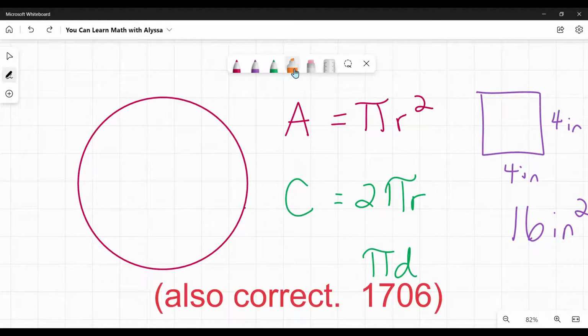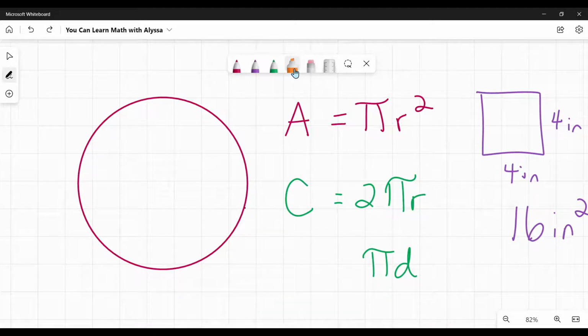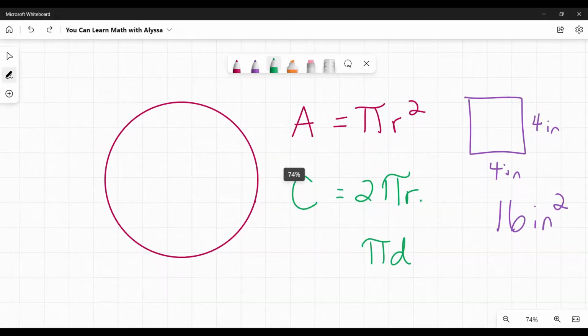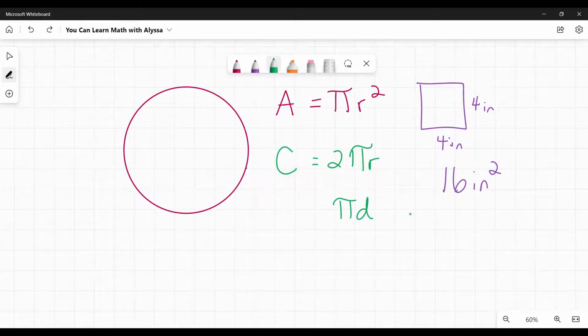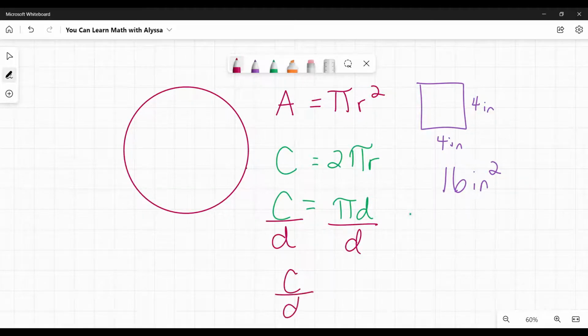But this pi, the ratio between the circumference and the diameter, we can just prove this really quickly. I know the circumference is equal to pi times diameter. If I want to get pi by itself, I would divide both sides by the diameter, and I would get circumference divided by diameter equals pi.